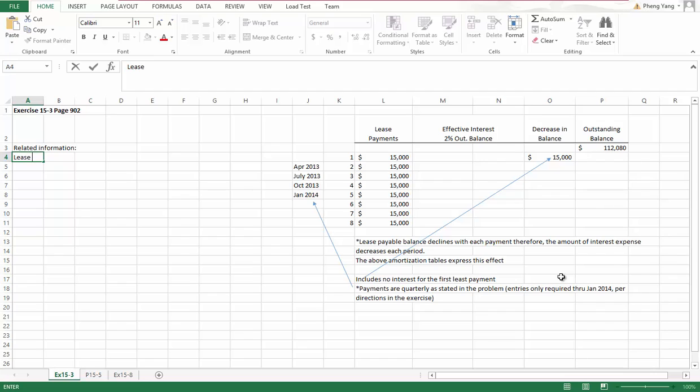We have the lease terms. That is 2 years, so 8 quarters, 8 quarter periods. The quarterly rental payments are $15,000 at the beginning of each period.